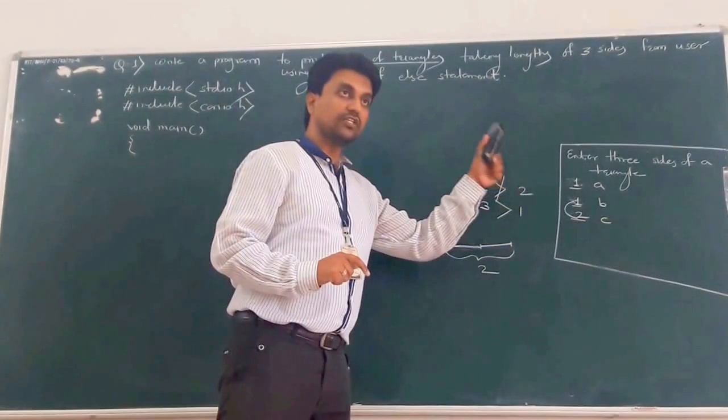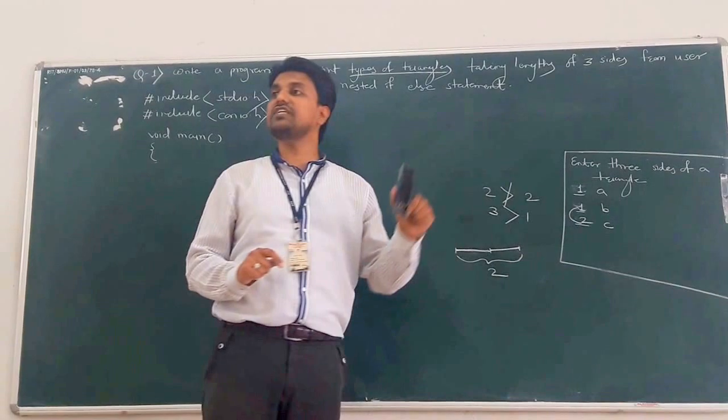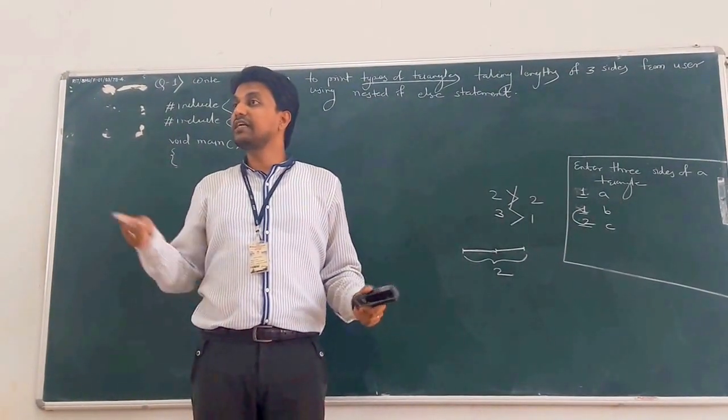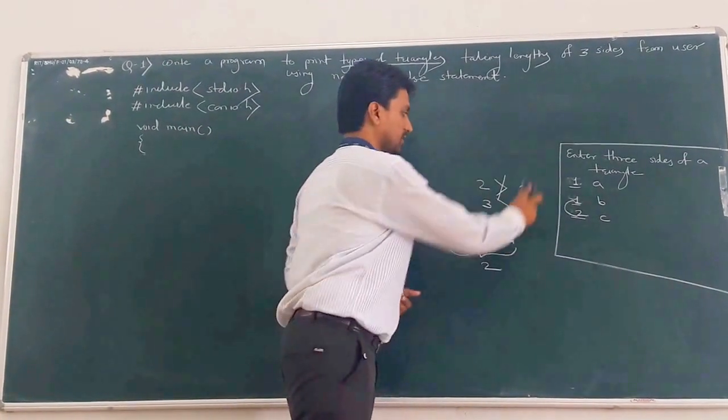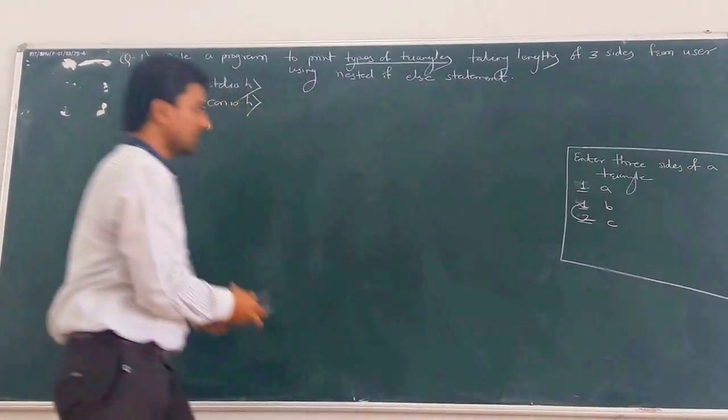Understood? So we require this first condition. If the first condition is true, then we can check whether the triangle is isosceles, equilateral or a simple triangle.